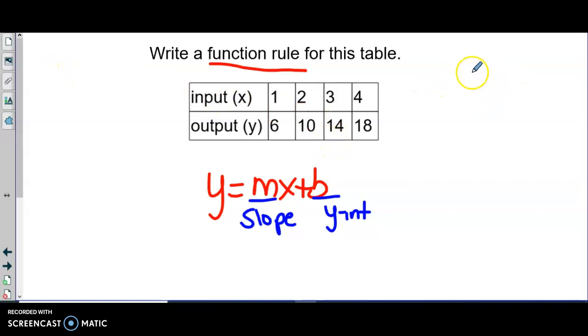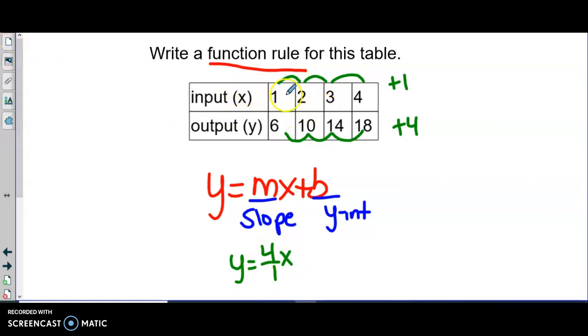You could plot the points and you could write it from that, or you could find the slope and the y-intercept just from the table. So for the slope, we need to find the change in y over the change in x. So if I look here, my change in y, I'm adding 4 each time. For my change in x, I'm adding 1 each time. So for my slope, it would be 4 over 1.